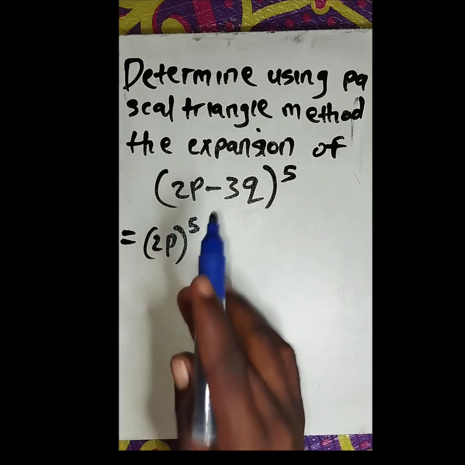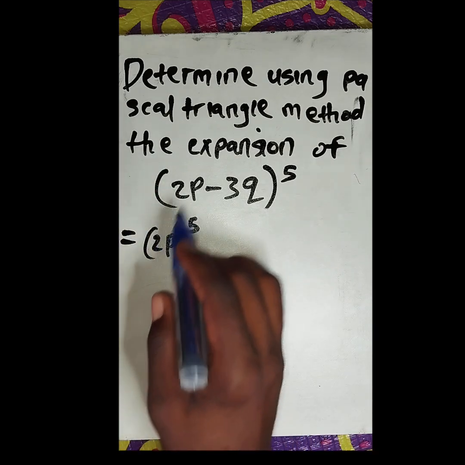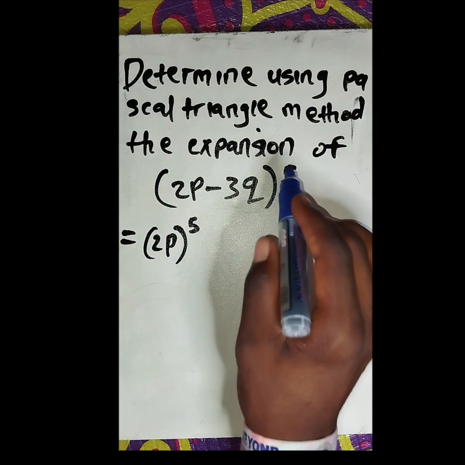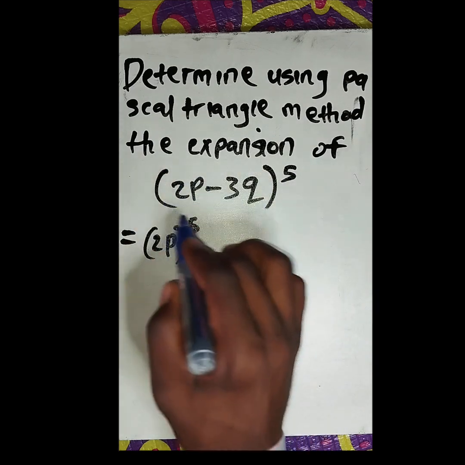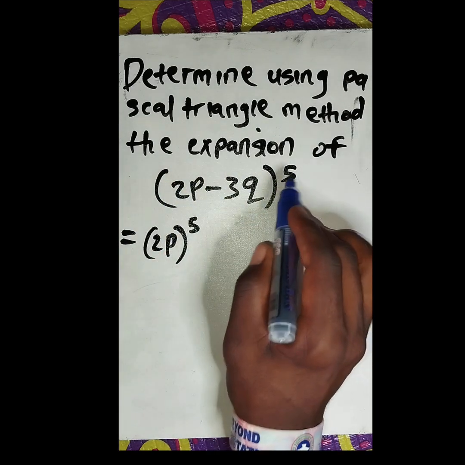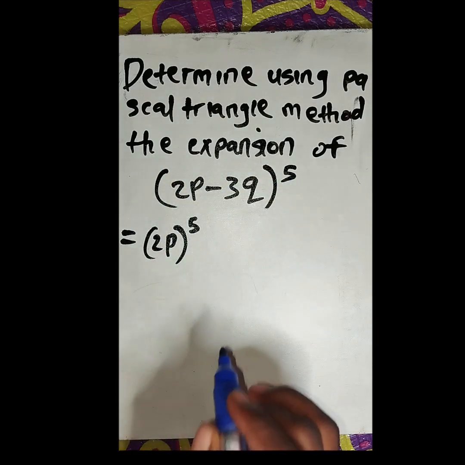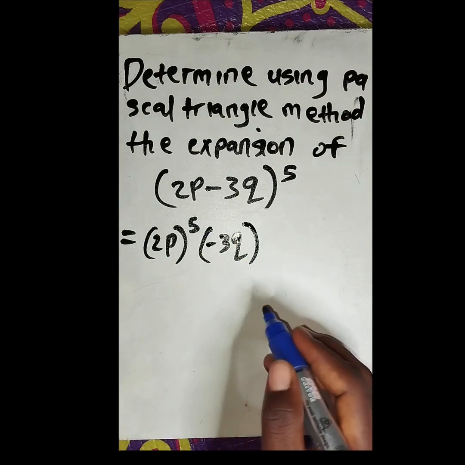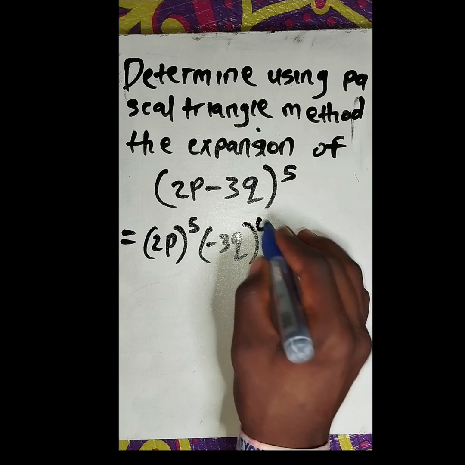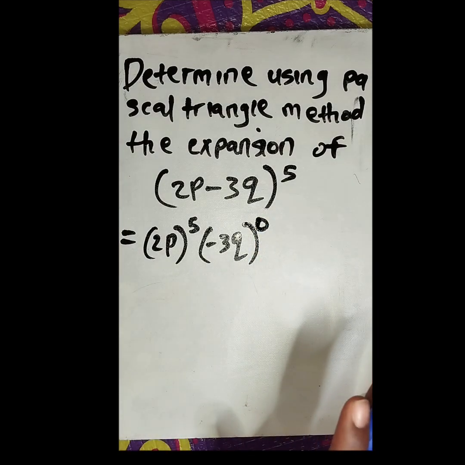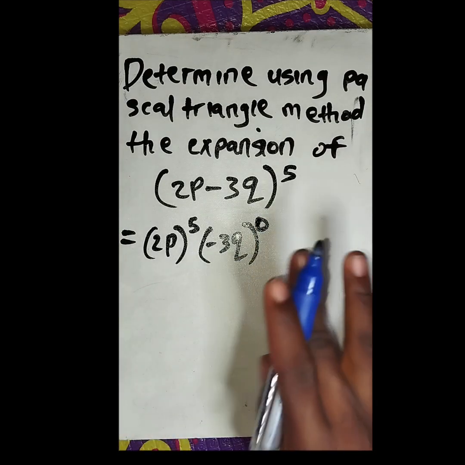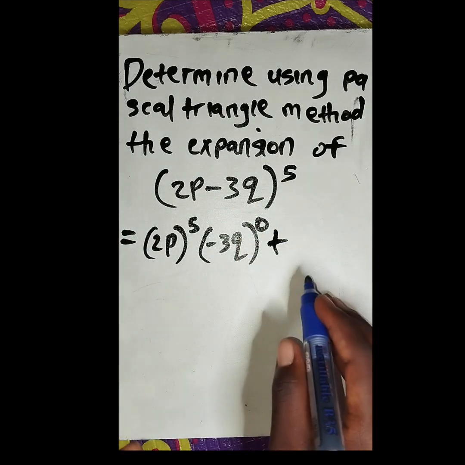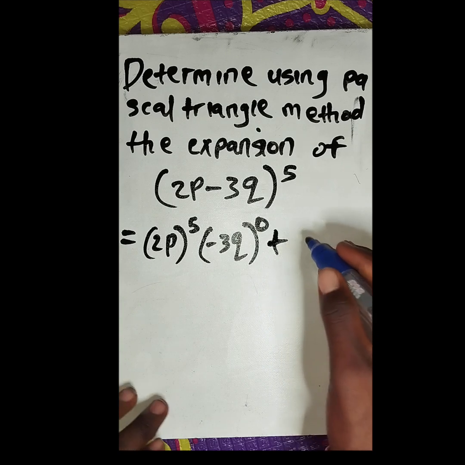Since 2p is our first term here, it will carry the power of 5. Now, what will happen to our second term? Our second term will carry a power of 0. Do you understand? That is how it works. Plus, you'll keep adding.